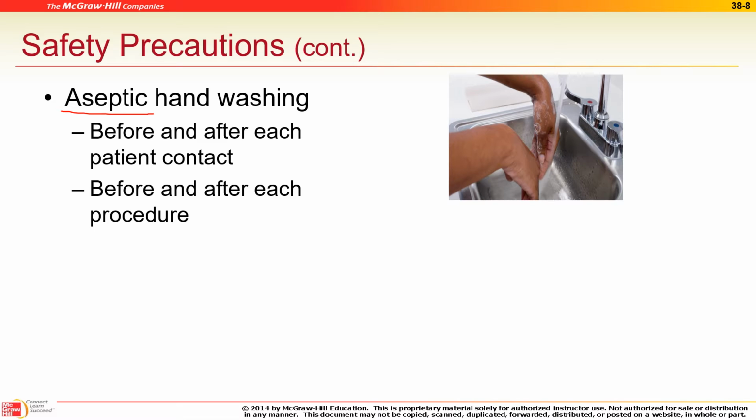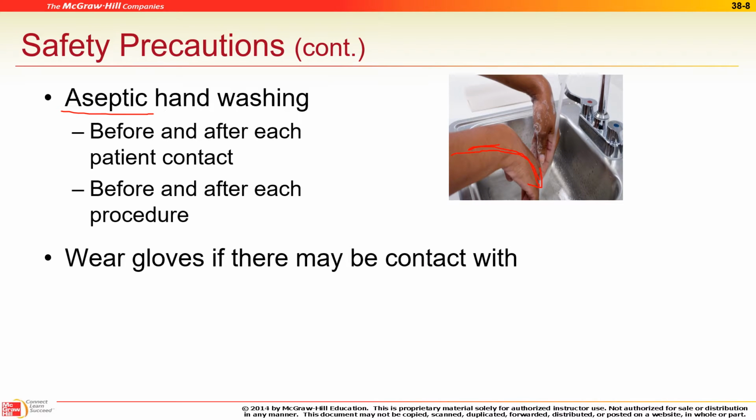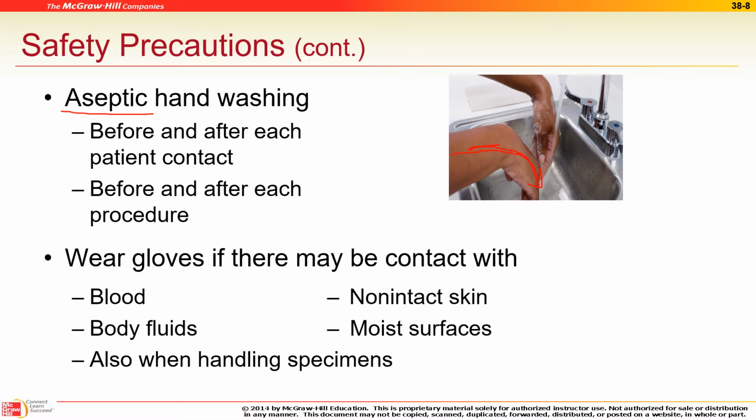Because you're going to clean past your elbows when you're doing a surgical scrub. When you're doing an aseptic or medical scrub, it's just up to your forearm, right? Blood, bodily fluids, definitely wear gloves. Intact skin and moist membranes, usually where there's mucous membranes.